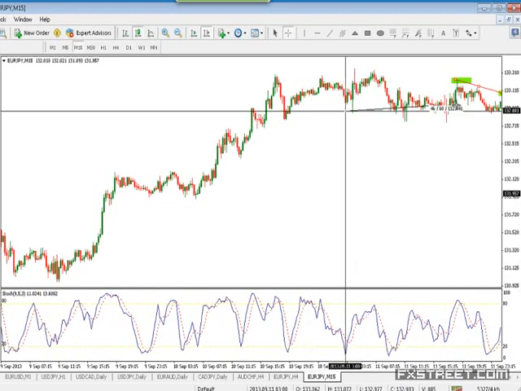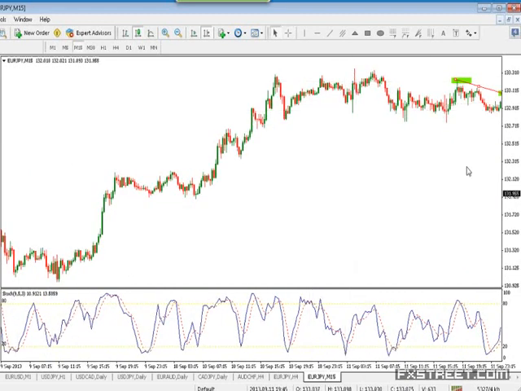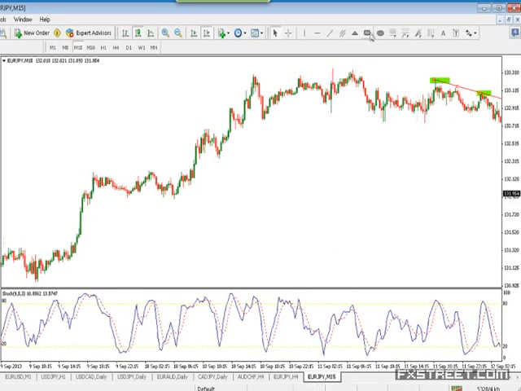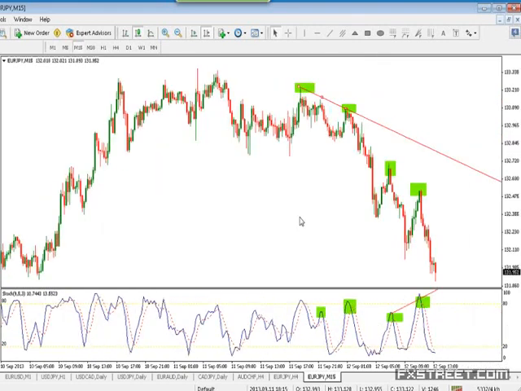Price, in fact, was pretty much range bound. It's not really a strong trend, but you did have a rubber band effect, and it did work. But it works much better when price is in an existing trend and you come across that rubber band effect.